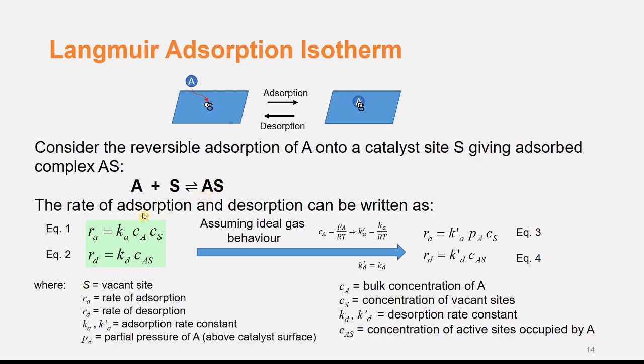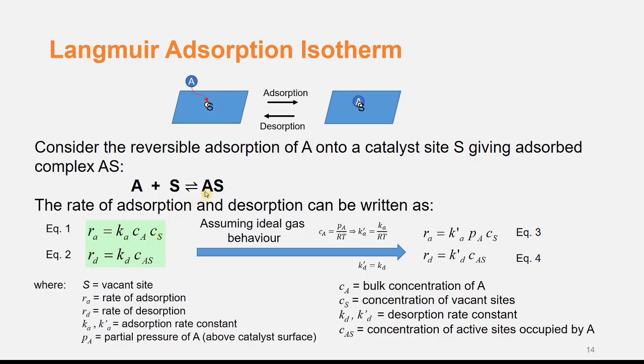The rate of adsorption is denoted by R subscript A, which is equal to the adsorption rate constant, Ka, times the bulk concentration of A, Ca, times the concentration of vacant sites, Cs.